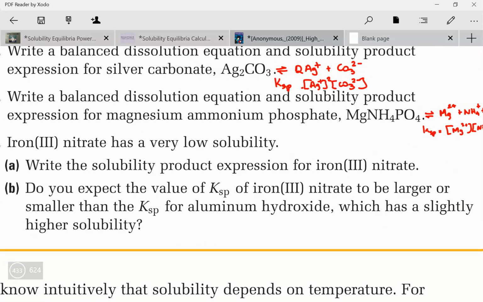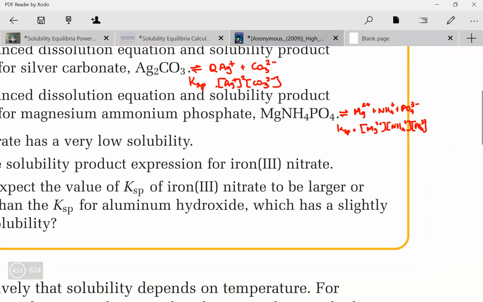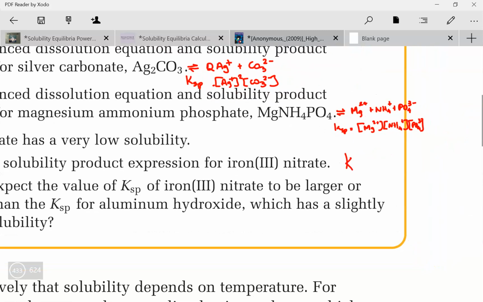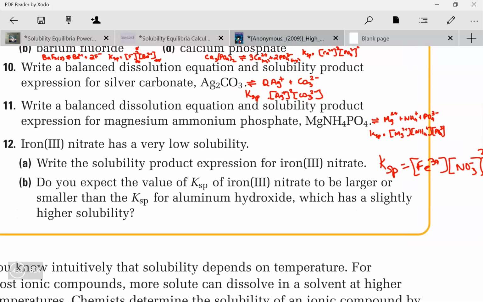Okay, nitrate has a very low solubility. So iron nitrate, write the KSP expression. I'm going to skip the equation step and just go directly to iron 3 plus times nitrate cubed. Do you expect the KSP to be larger or smaller than aluminum hydroxide, which has a slightly higher solubility?